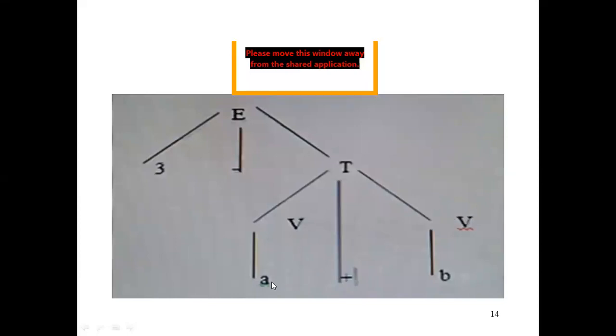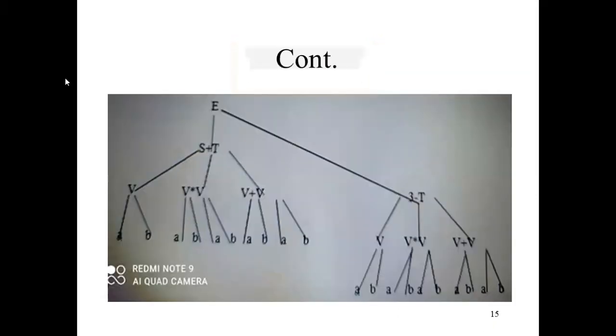Then we can replace V by A, this is the operator symbol, and this is B. So ultimately we get 3 minus A plus B. In this fashion we can draw the diagram.